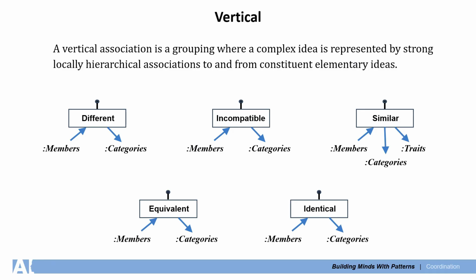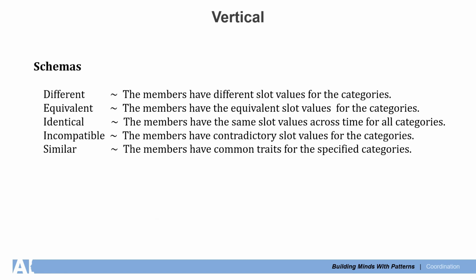A vertical association is a grouping where a complex idea is represented by strong locally hierarchical associations to and from constituent elementary ideas. Vertical associations include different, equivalent, identical, incompatible, and similar.